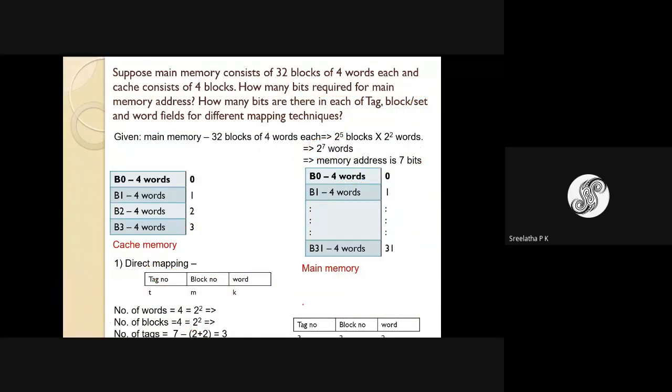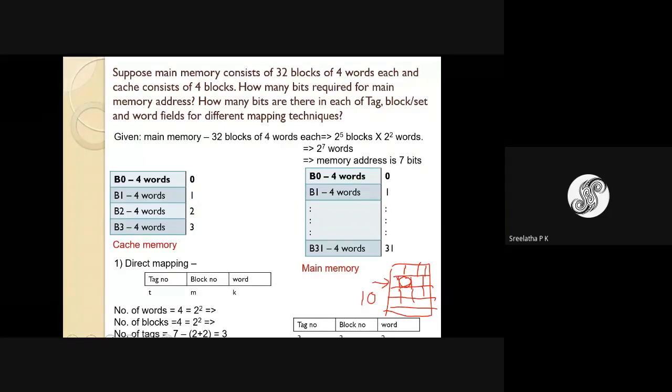I will take four words, like this. So this is the second word in this particular block, the second block. The second one is nothing but 10.